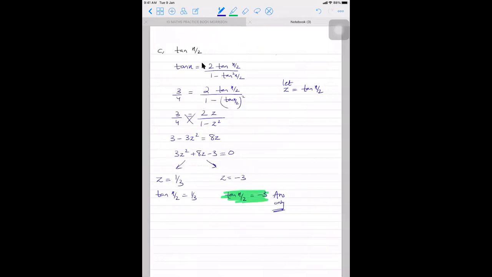If the domain of the angle x is given as x greater than 180 and less than 270, then x upon 2 is going to be from 90 to 135. Would you agree with this? Yes, sir. Then do you agree that the x upon 2 angle is in the second quadrant?